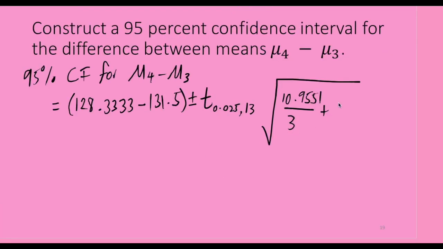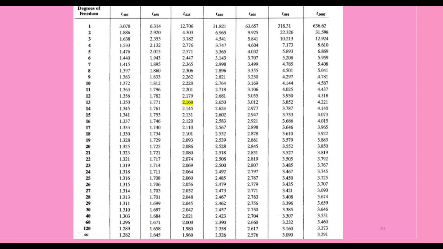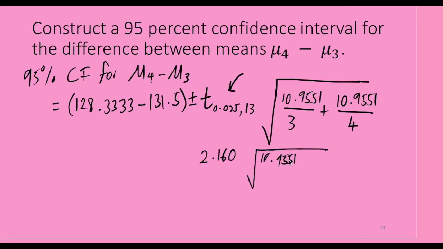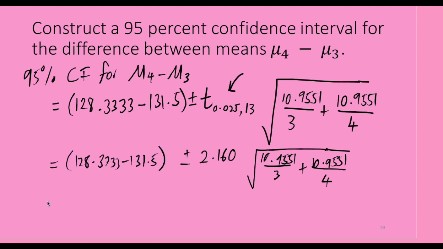So 3 plus MSE over N3, which is 4. And let's check this value. t 0.025, 13 is this one here, 2.160. This gives us negative 8.6270, 2.2936. So the 95% confidence interval for mu4 minus mu3 is as follows.